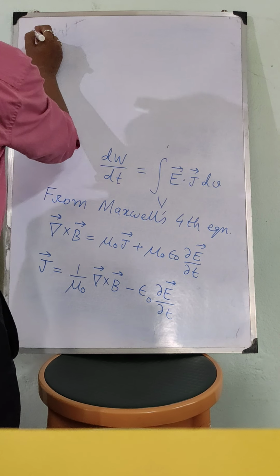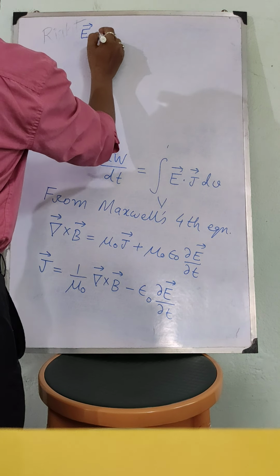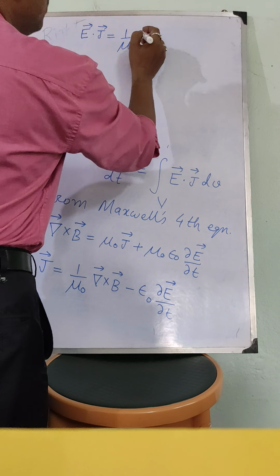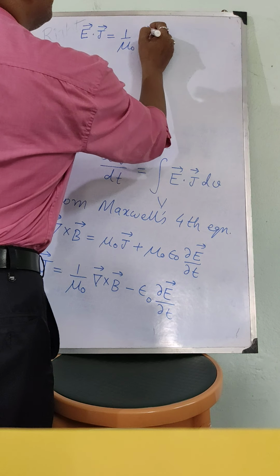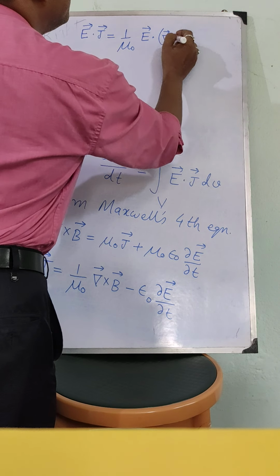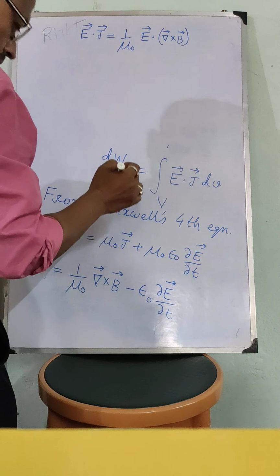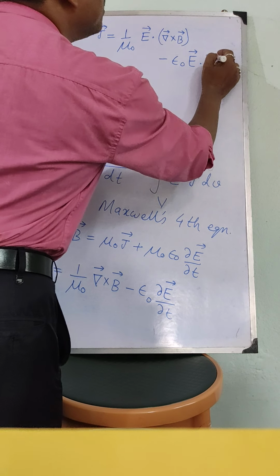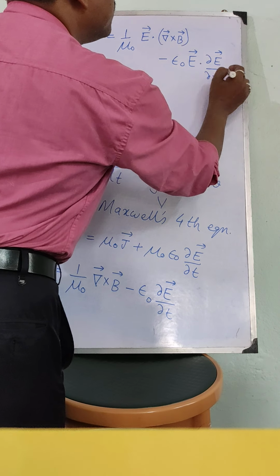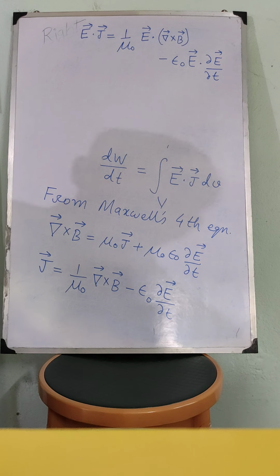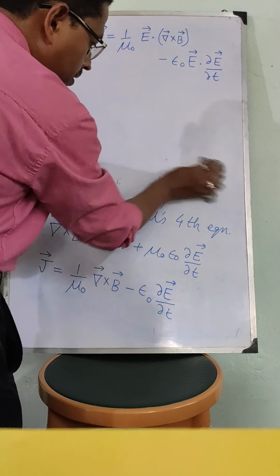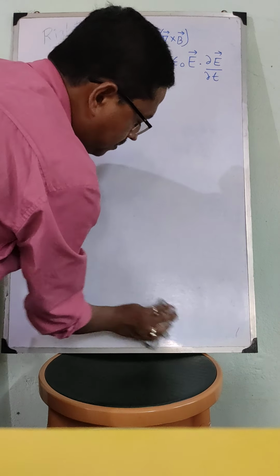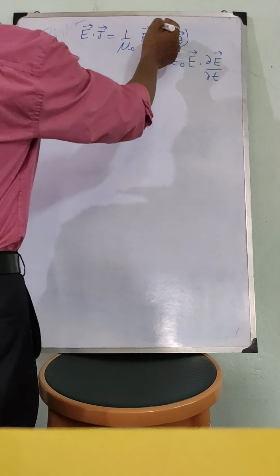E dot J is equal to 1 by mu 0 E dot del cross B minus epsilon 0 E dot del E del T. So this is the expression of E dot J. Now we will modify the first term on the right hand side by using a vector identity. So this term I will modify.